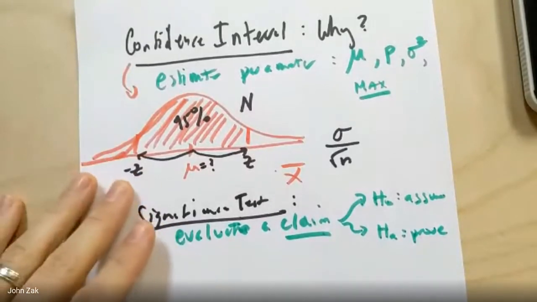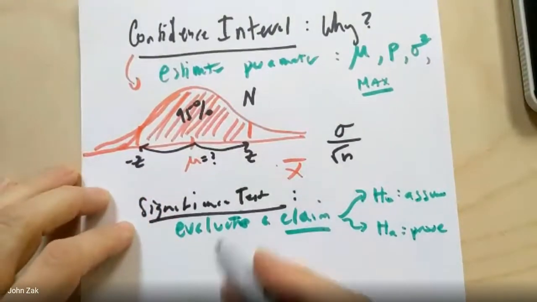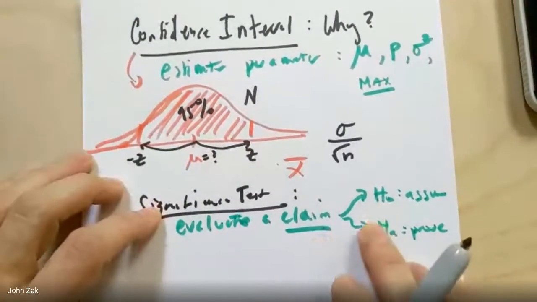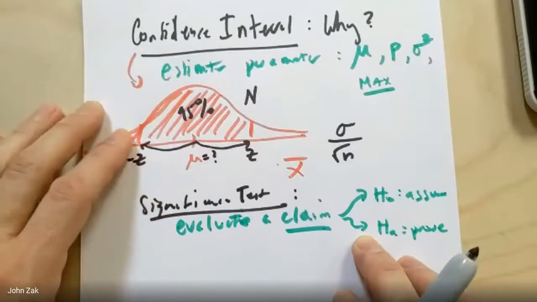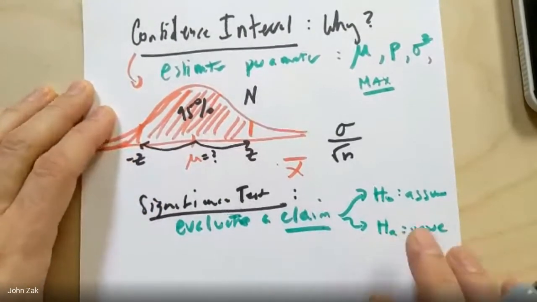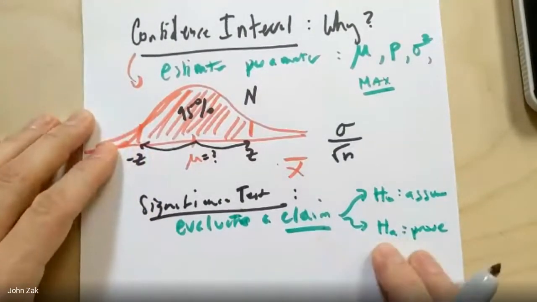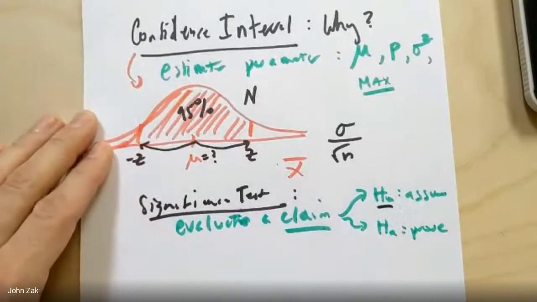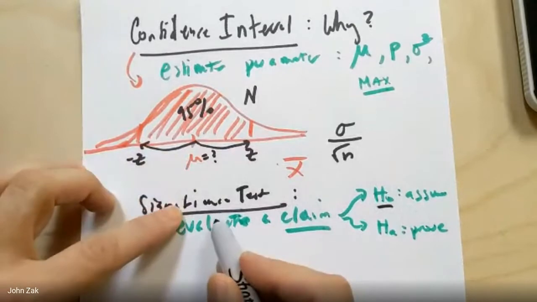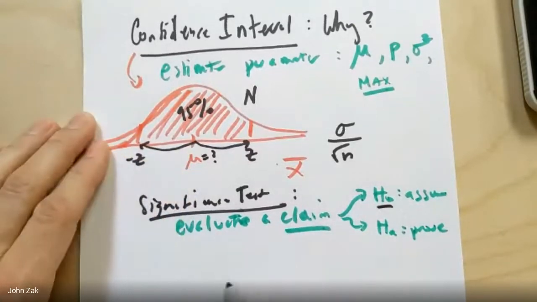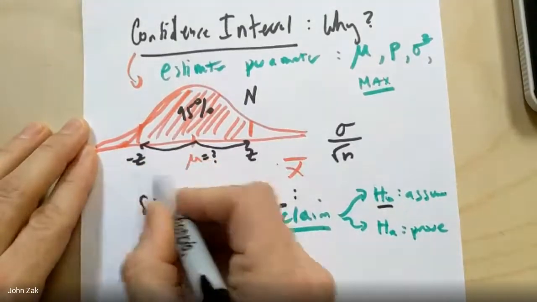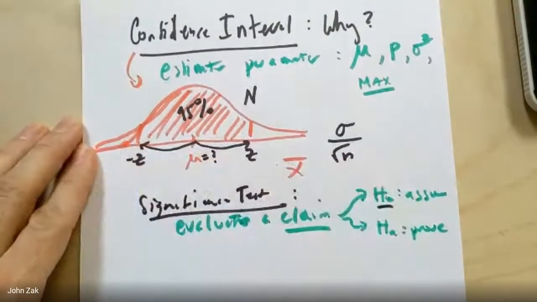And what ends up happening is we evaluate a claim by seeing if the evidence in favor of the alternative is actually significant, whether it would be very unlikely to occur by chance, assuming the null hypothesis is true. So the key here is that we would be looking at essentially the opposite of the percentage that we see in a confidence interval, right?